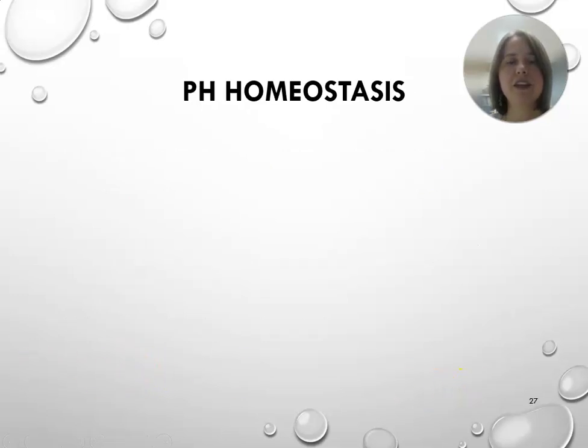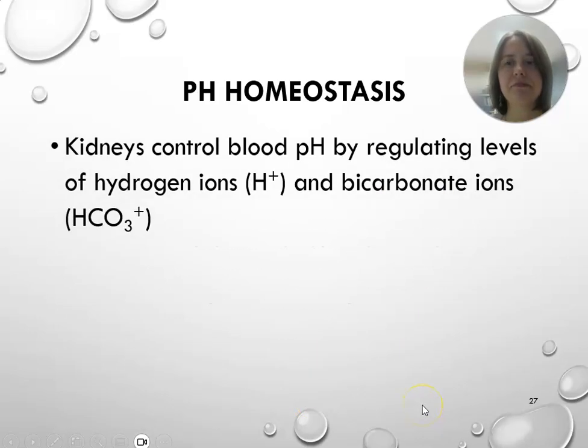So let's talk about pH homeostasis. So we know pH is how acidic or basic something is, and this is often determined by the level of hydrogen ions. So if there are more hydrogen ions, you are more acidic, but you actually have a lower pH.